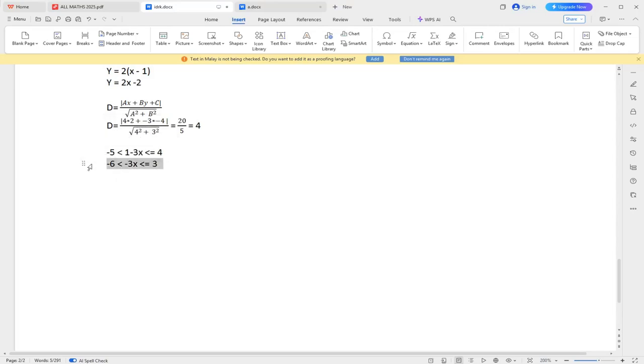Now this boils down to minus 6 divided by minus 3, we have positive 2, and since we divided all through by a negative, the sign is going to change, and 3 divided by minus 3 is minus 1, and as we divided by a negative, the sign will change too. So the range of values of x for which this inequality holds is negative 1 less than or equal to x, which is less than 2.